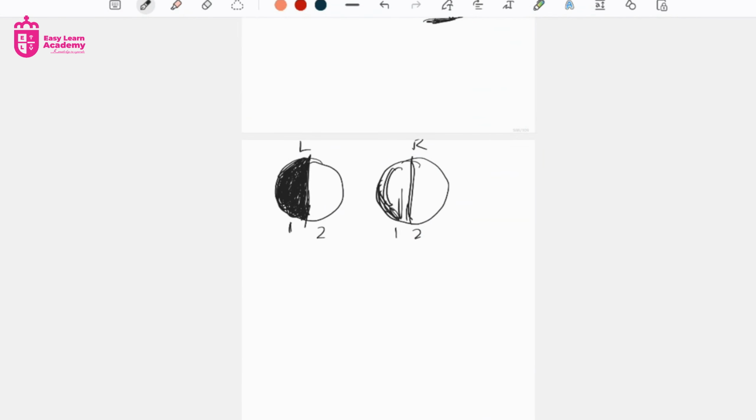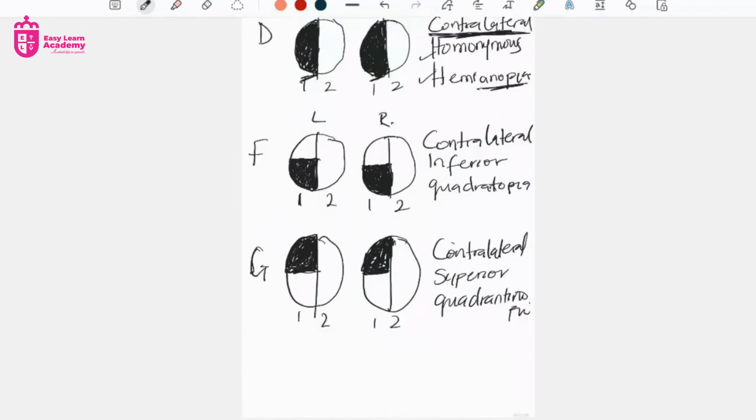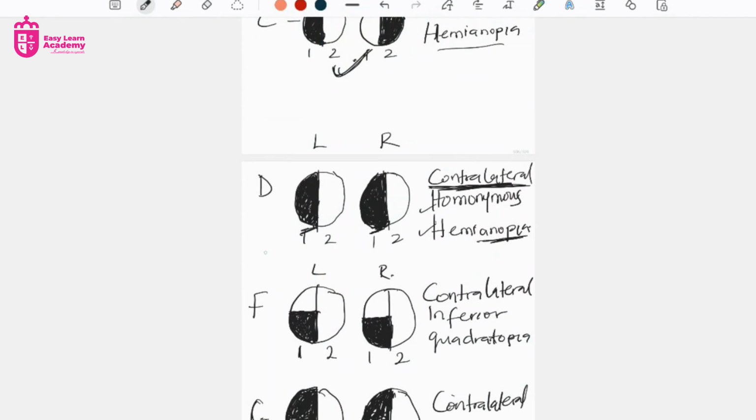What did other people get? 1 or 2? 1. Good. Right, so what does this mean? It means that it's the same as which one? D. Occipital cortex.